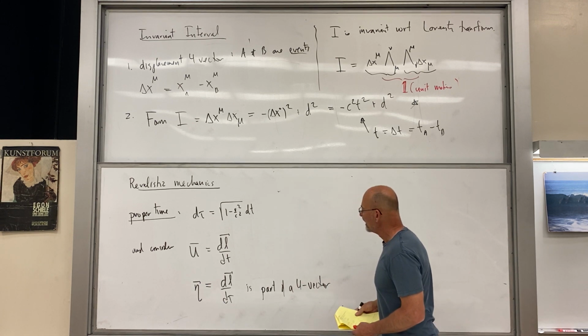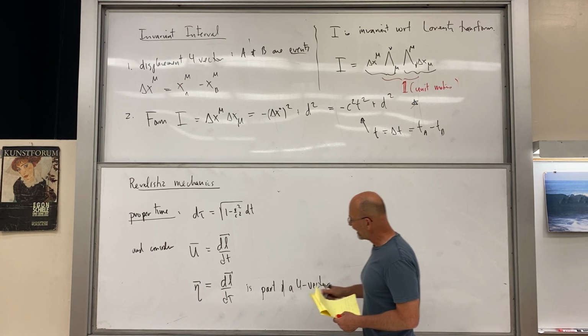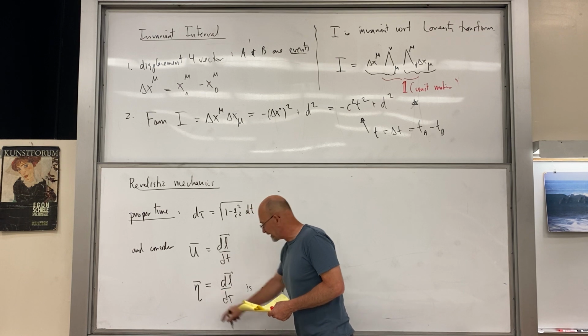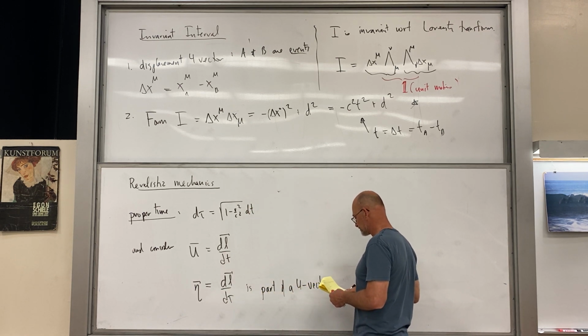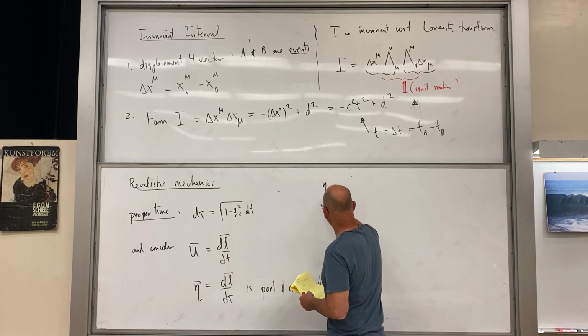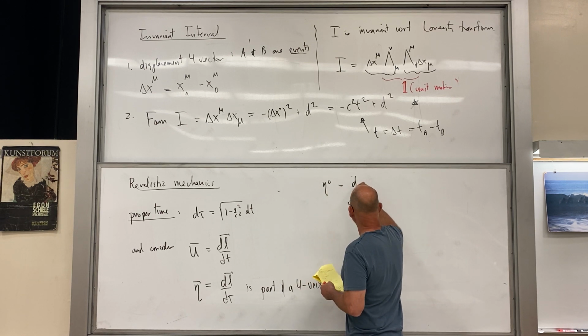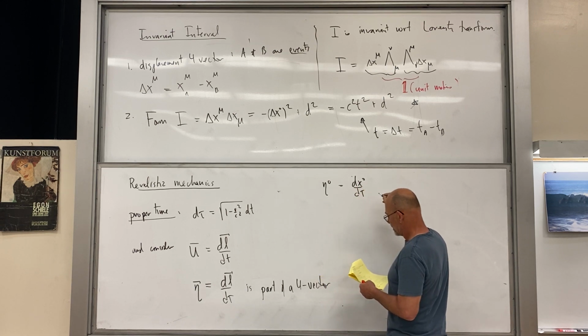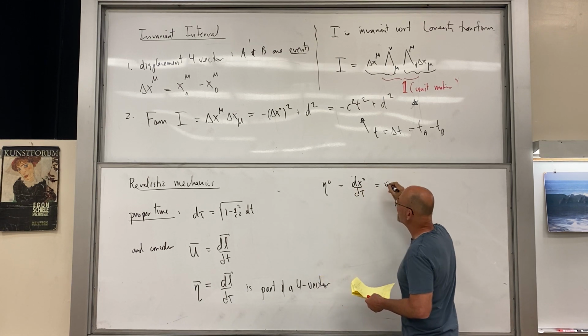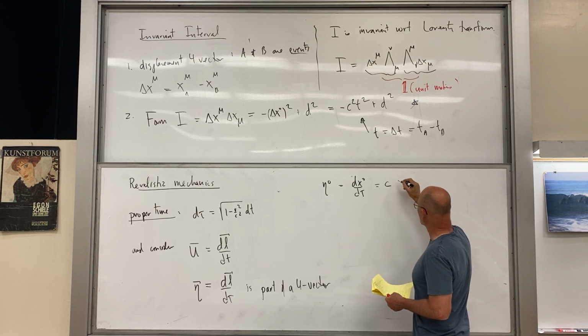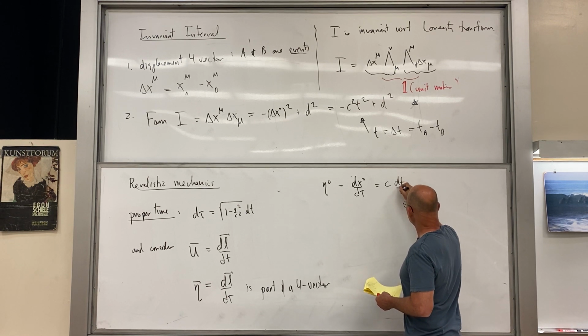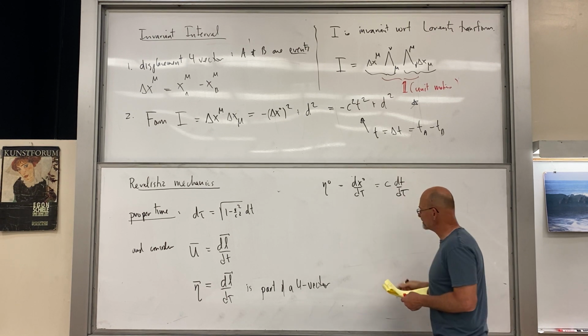And so that's eta sub 1, 2, and 3. We're going to have eta 0 equal to dx0 over d tau, which is c times dt over d tau.